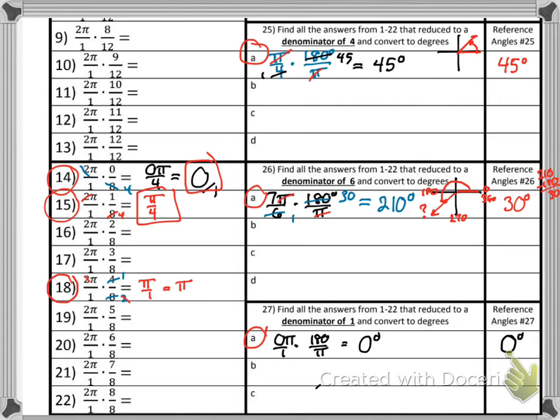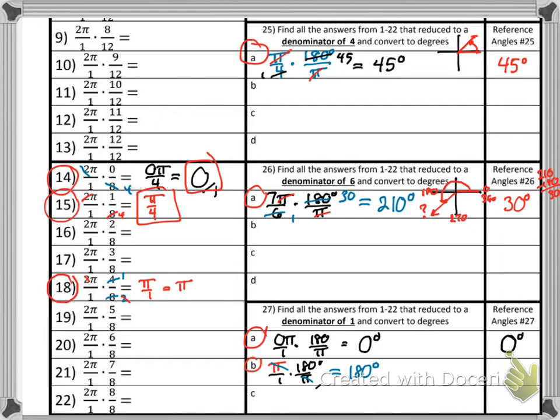That's another one that goes down here. Multiply by 180 over pi. Get rid of the pi's. That's 180 degrees.